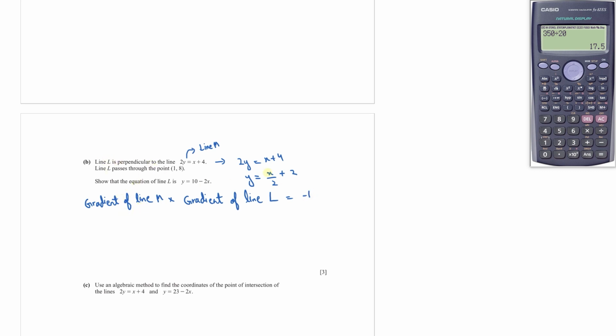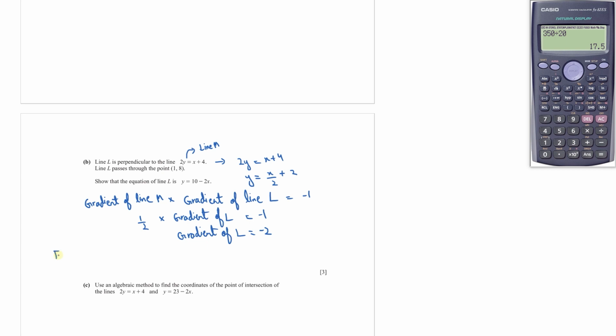The gradient of line M is 1 over 2, and the gradient of line L is unknown. So 1 over 2 times the gradient of L equals minus 1. If I take this 1 over 2 to the other side, I multiply by 2, so I get minus 2. So now you know the gradient.